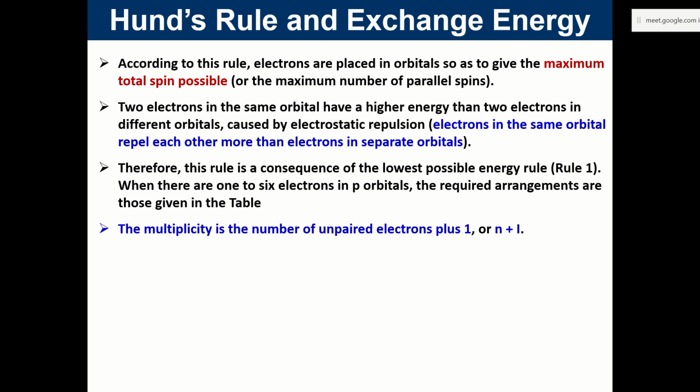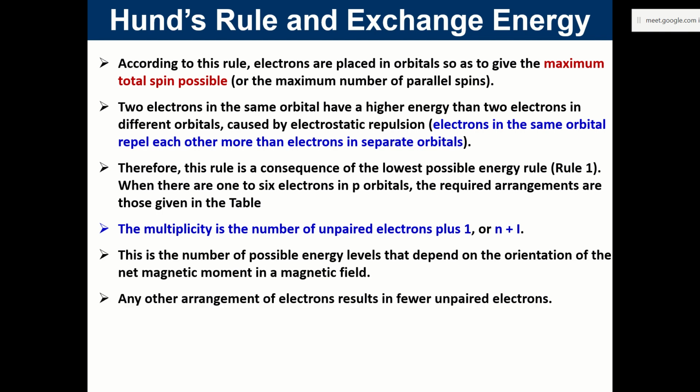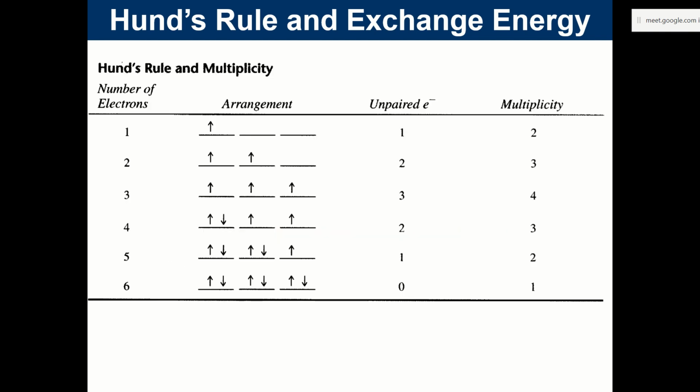Let's take an example. So this is what tends to happen when you have one electron, it is like this, two electrons, it is like two parallel spins. So why this happens? Three electrons, it will be like this, and so on.